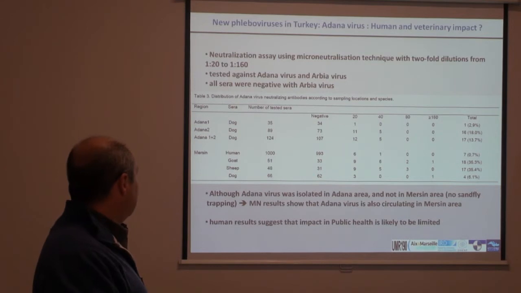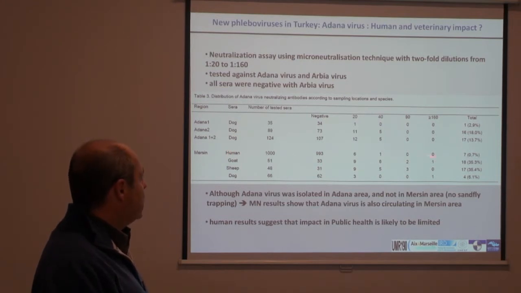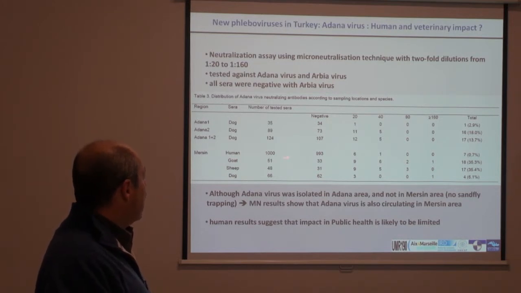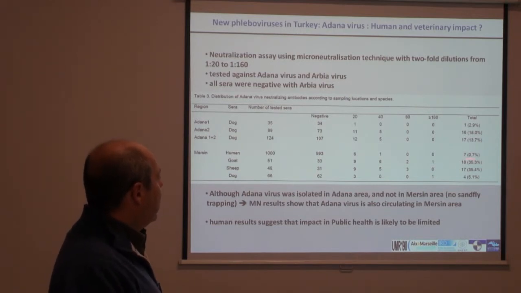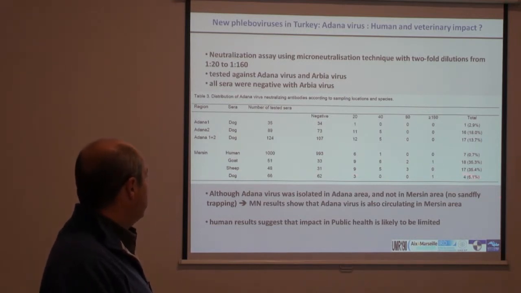But in contrast, testing against Adana virus, as you can see, there is very low prevalence of neutralizing positive sera in human samples, but in animal samples the situation is really different, with dogs that are infected at more than 10%, and rates even higher in goat and sheep.